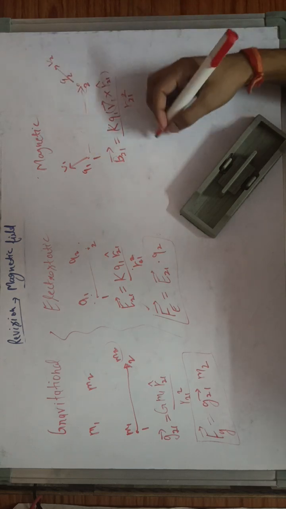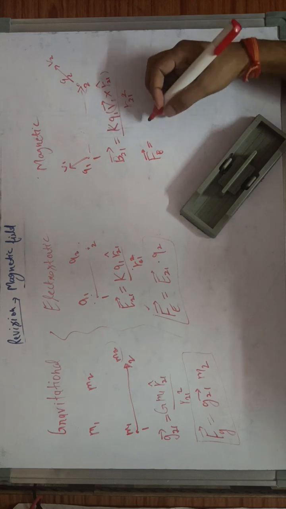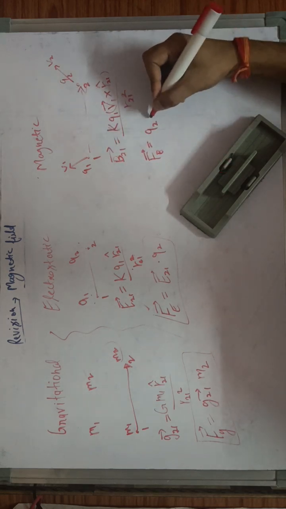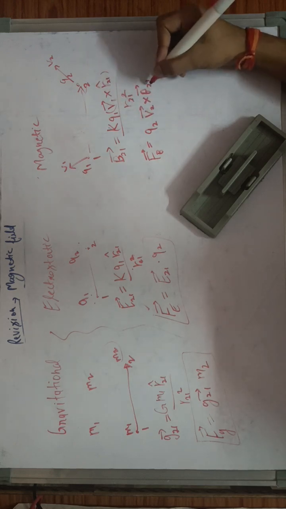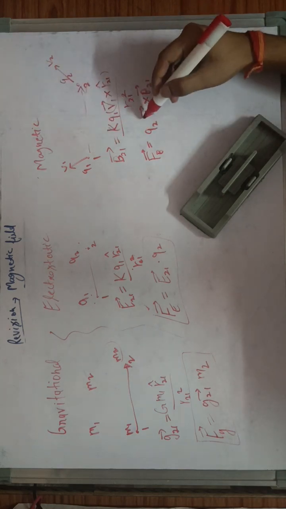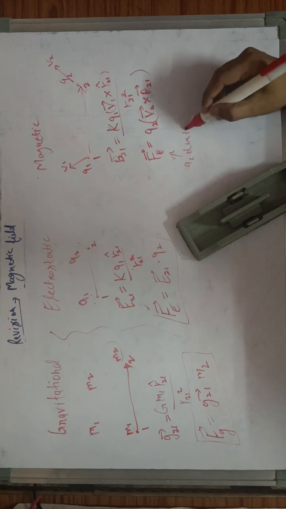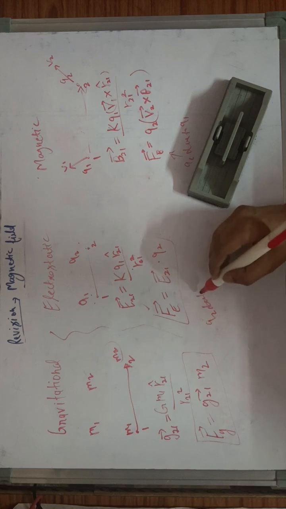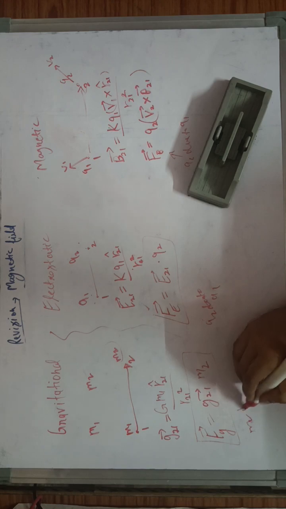The magnetic force on charge 2 would be given by F magnetic equals Q2 into v2 cross B21, where B21 is the magnetic field at point 2 due to 1. So this is the force on Q2 due to Q1. Similarly here, this is the force on M2 due to M1.